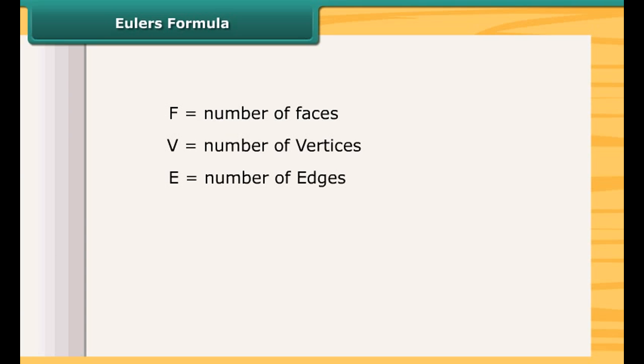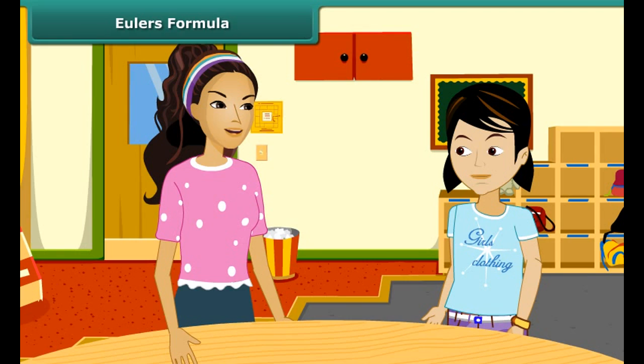No. Those solids are called polyhedrons. These all solids are polyhedrons. Are these objects polyhedrons? No, these are not polyhedrons. You are right, these are not polyhedrons because they do not have flat faces.